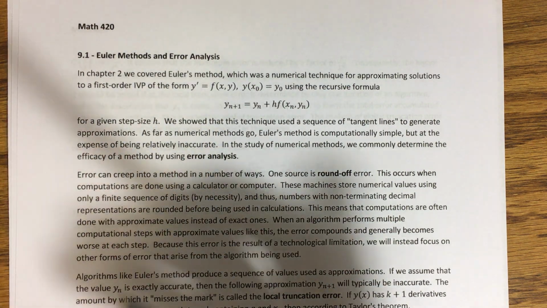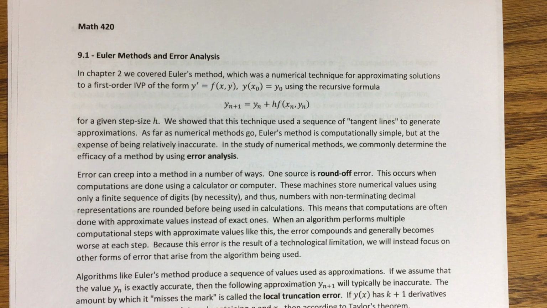In numerical analysis, which is the area within math that studies these numerical methods, there is a very important thing that we have to look at called error analysis. And all that is, is a way of looking at what kind of error can creep into a numerical method, and then that opens the door for trying to mitigate that error and trying to make our algorithms more accurate.